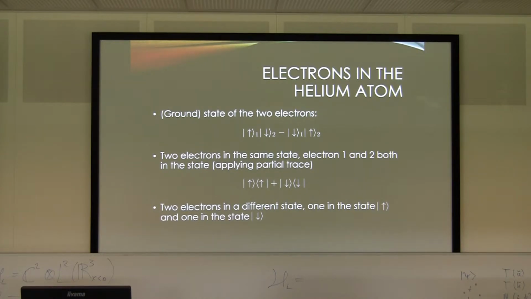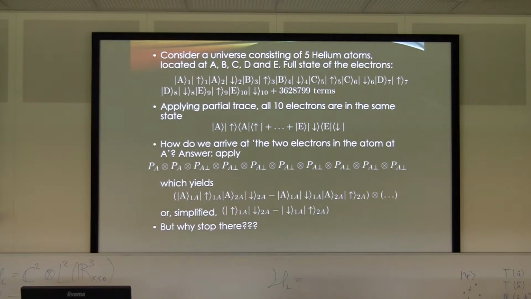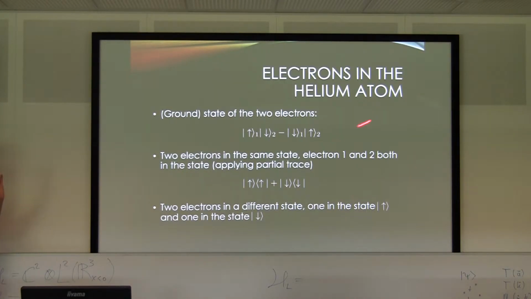And I largely agree with him that it's kind of misleading to really focus on the labels 1 and 2 here, and I'm going to tell you now why. Because when we write down this state, we're neglecting all the other electrons in the universe. And I want to talk about that.